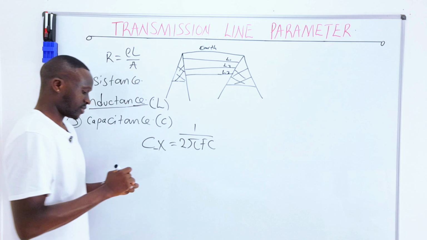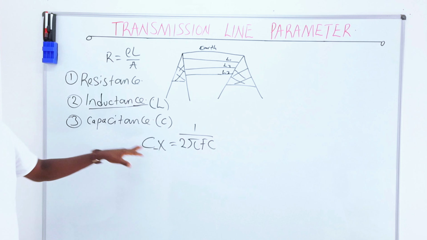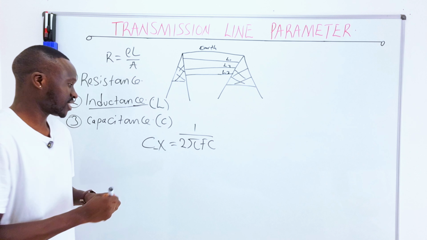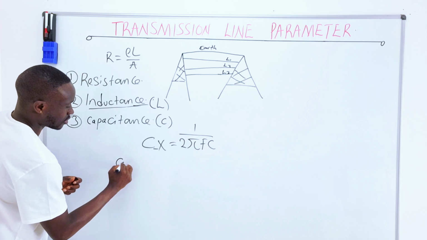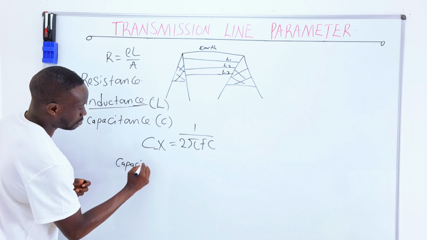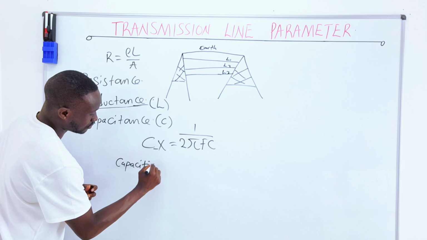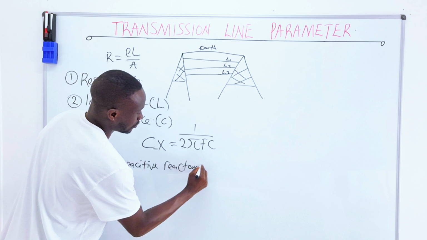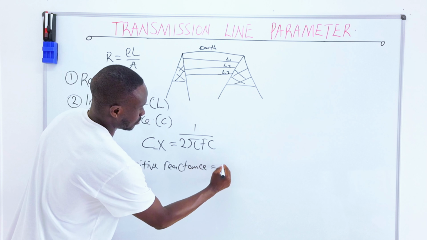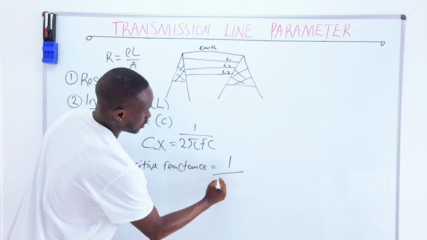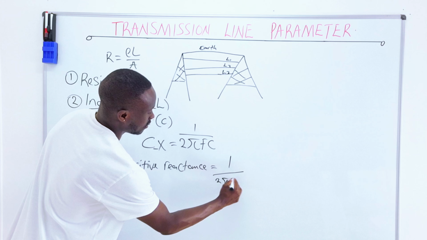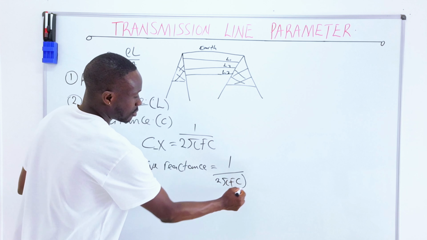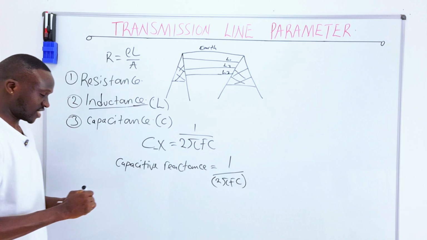This is the formula for capacitive reactance, which will be 1 divided by 2 pi Fc. C represents capacitance, and this is the formula you use for this capacitance.